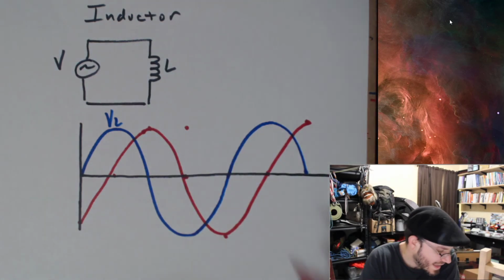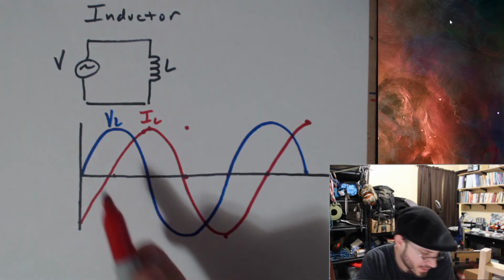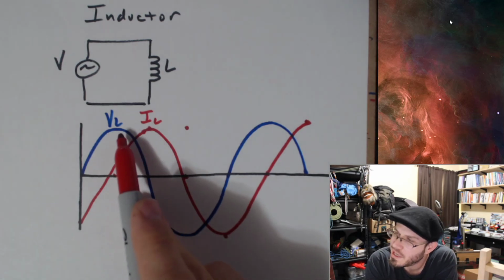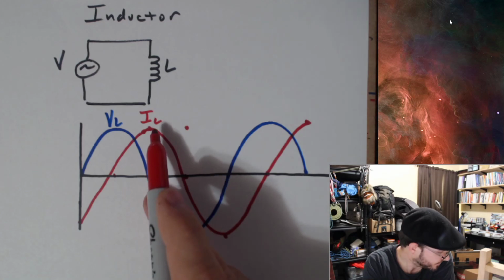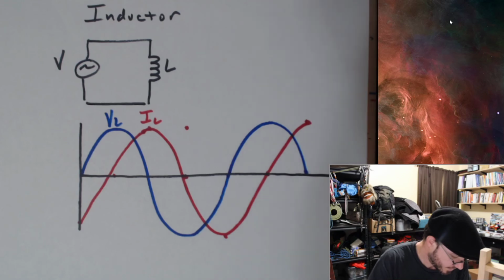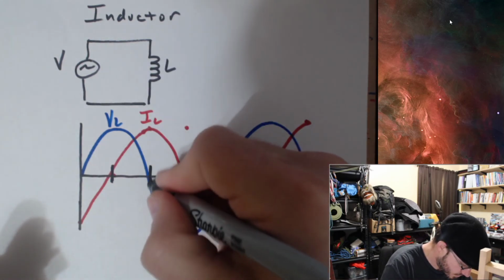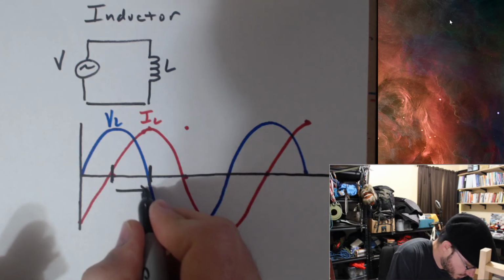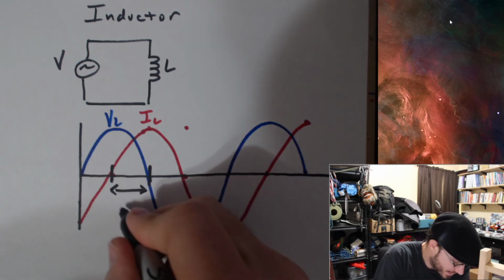Well, as it turns out, the voltage actually reaches its max value before the current does. And the difference between that is 90 degrees.